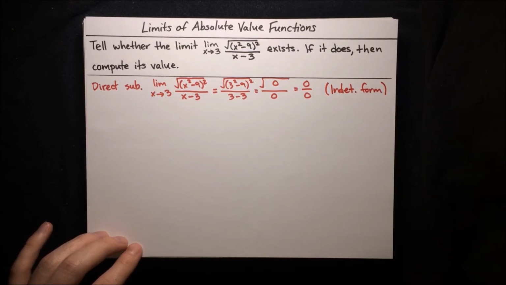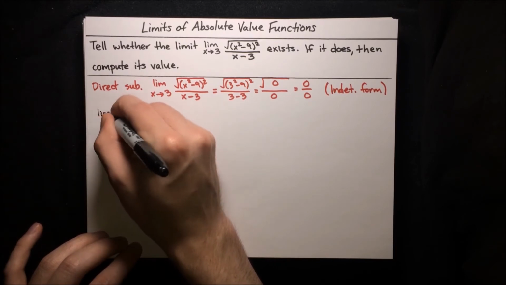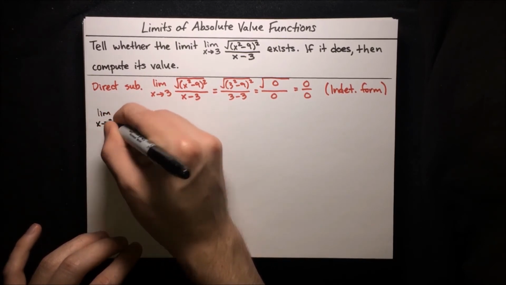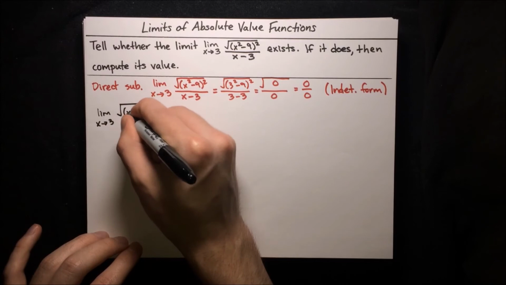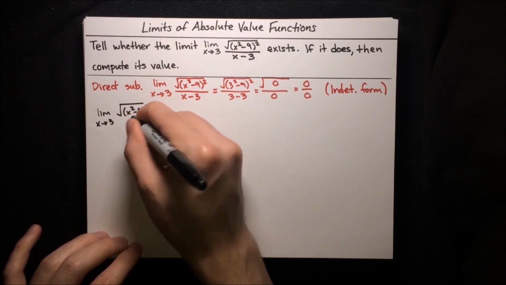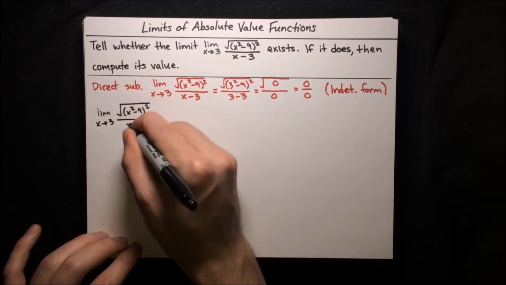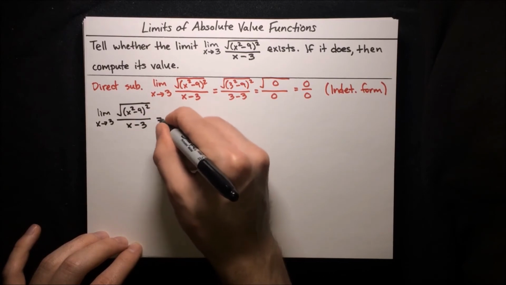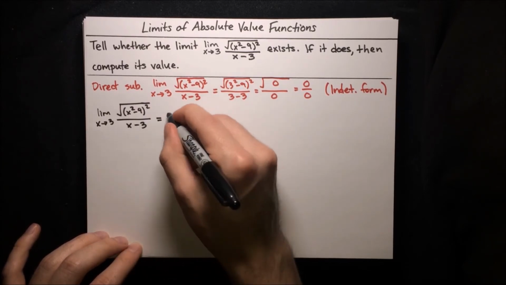So, oh well, we tried. But there's no way getting around it. We have to work with the limit. We have to simplify this expression as much as we can. Now, one thing to remember here is that the root of a square is an absolute value. So in this limit as x approaches 3 of root x squared minus 9, the quantity squared, all over x minus 3, we can just replace this root and the square with an absolute value.